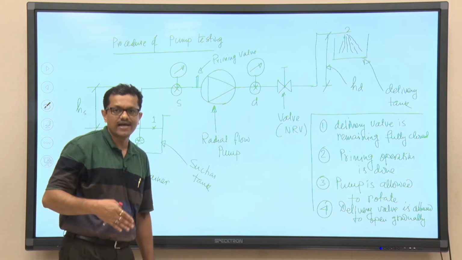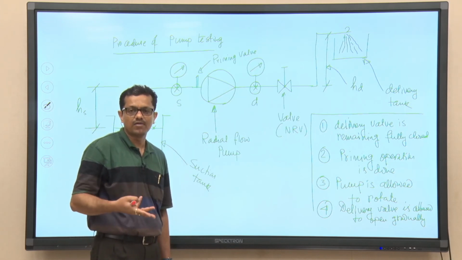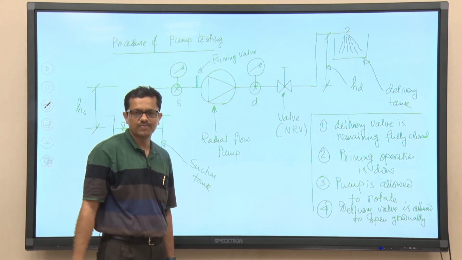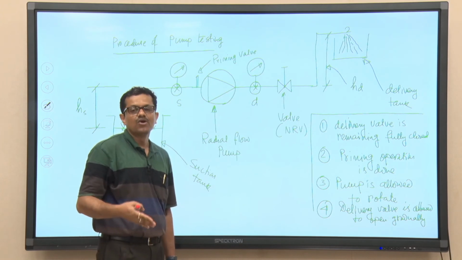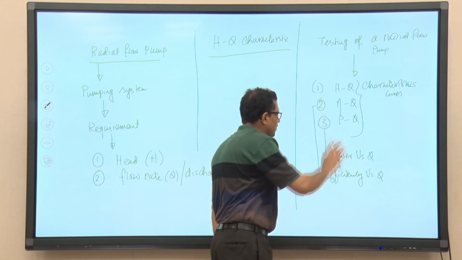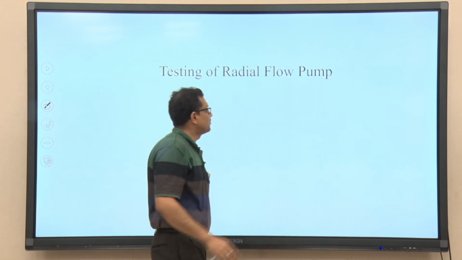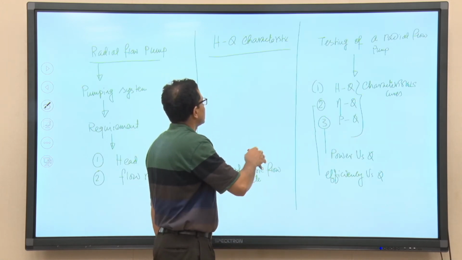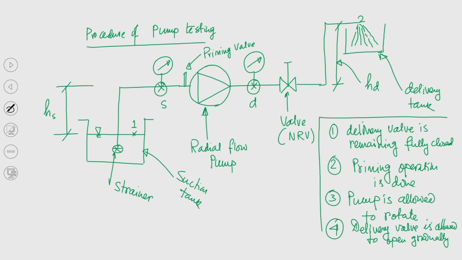So, knowing the values of Q and H, we can calculate the output power, and since we know the input power, we can calculate the overall efficiency. So, for a given Q, we can always calculate efficiency, and we can generate this curve, that is N versus Q. And finally, power versus Q: for the amount of Q we are getting, we can find the power input.